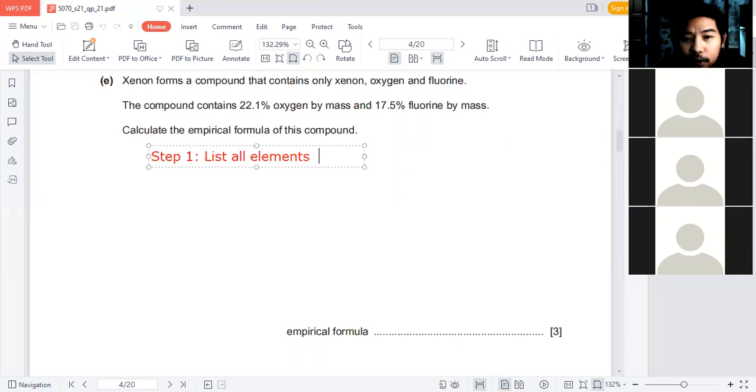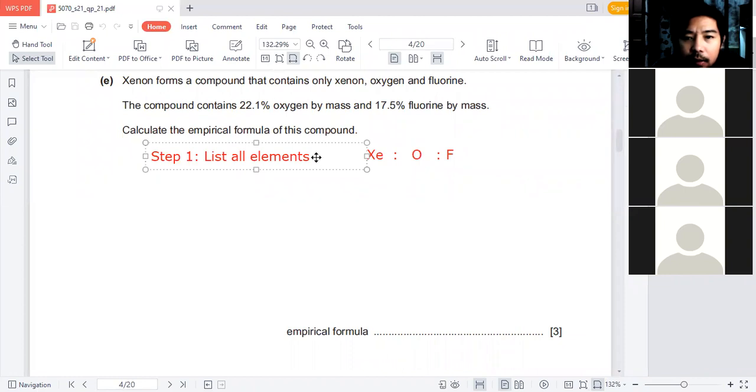So what are the elements? Here you can have xenon, Xe, and O, and F.